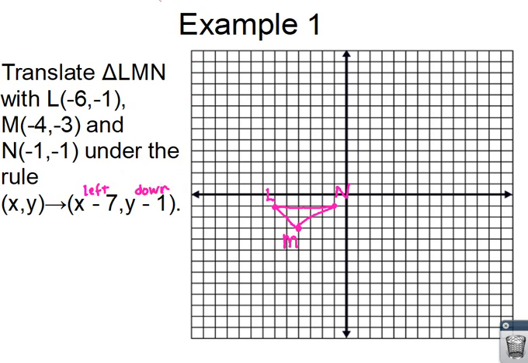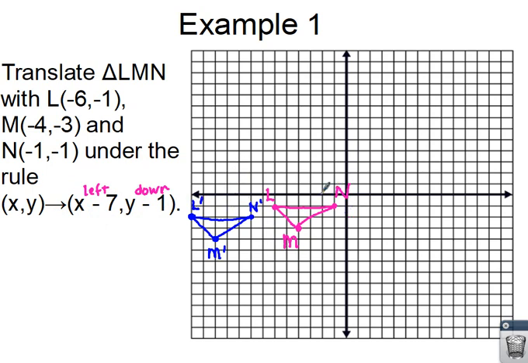So everything goes left 7, down 1. So we'll go 1, 2, 3, 4, 5, 6, 7, down 1. There's L prime. Then 1, 2, 3, 4, 5, 6, 7, down 1. So that entire shape shifted left 7, down 1.